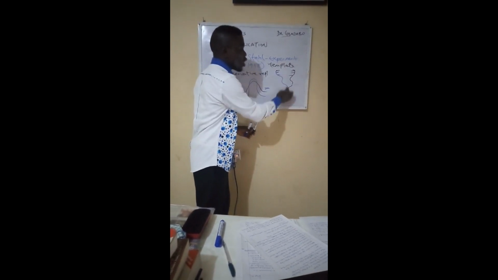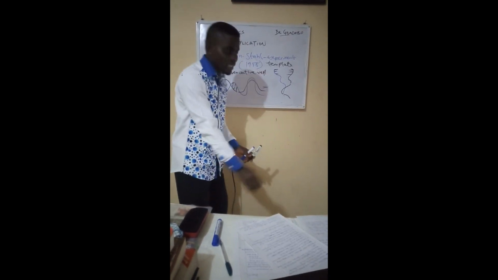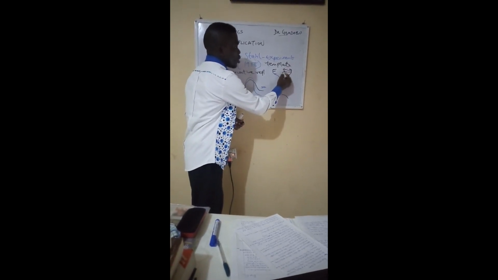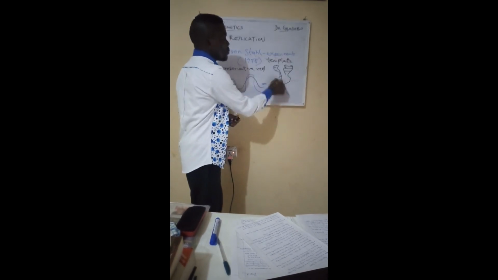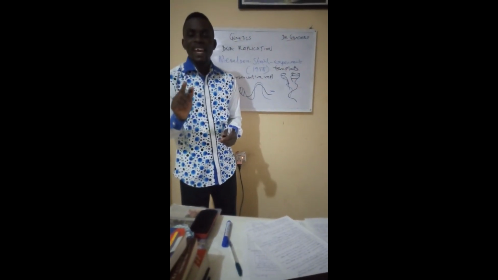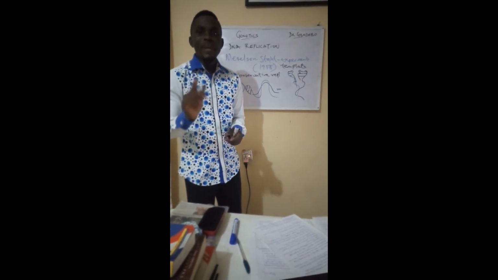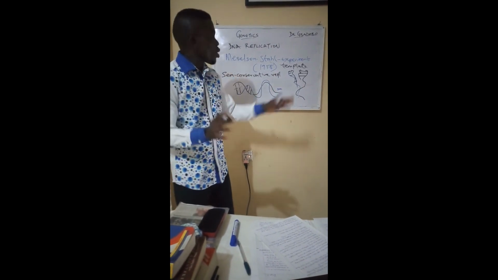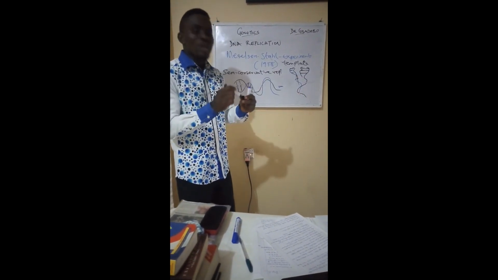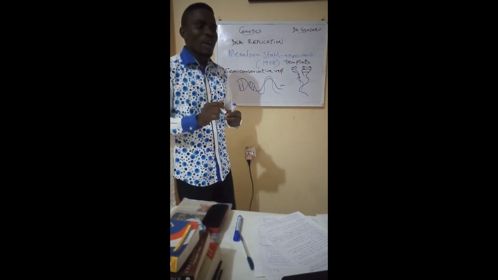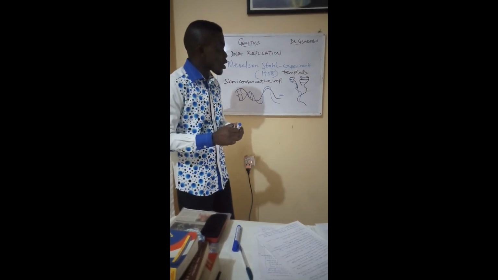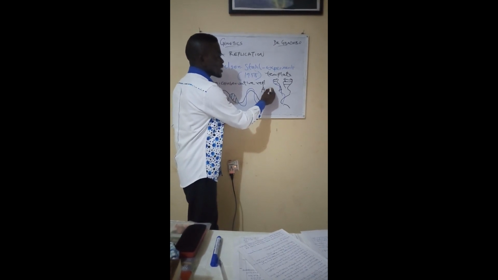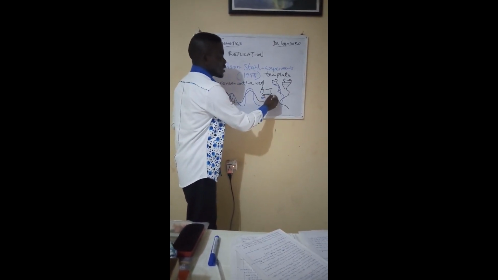This DNA double helix will unwind to the end, and then free nucleotides will bond to each of the template strands, following base pair complementarity. By now, you should understand what base pair complementarity is. Base pair complementarity means that A will bond to T, and G will bond to C.